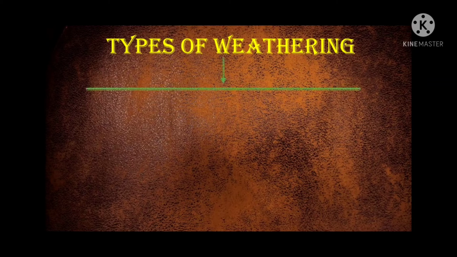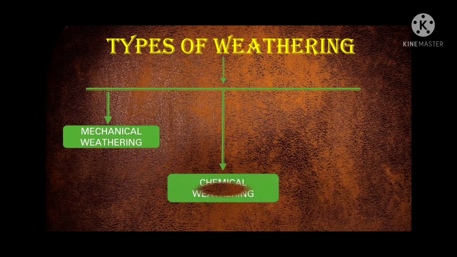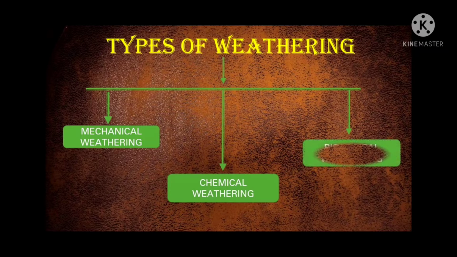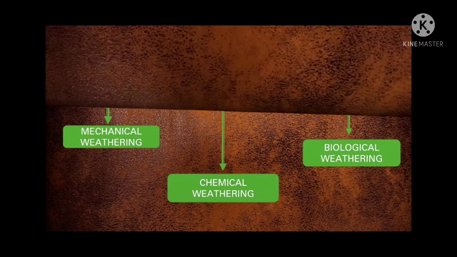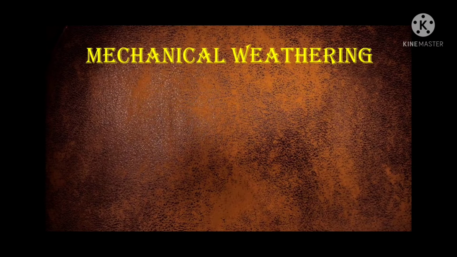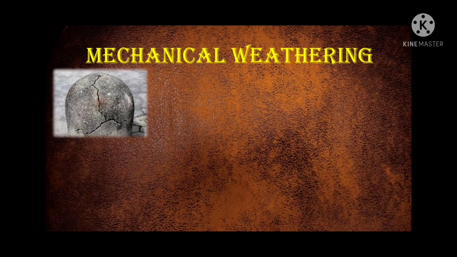Mechanical weathering is the first one. The second is chemical weathering. And the third is biological weathering. In mechanical weathering, children, we studied that breaking or weakening of a rock without any change in chemical composition is called mechanical weathering.